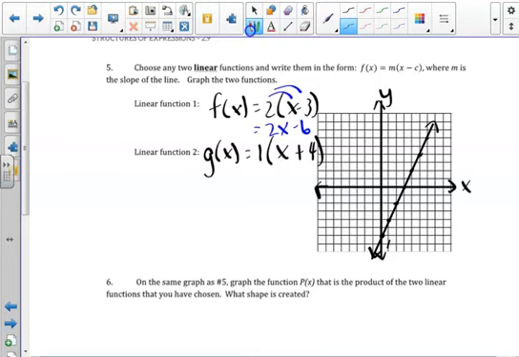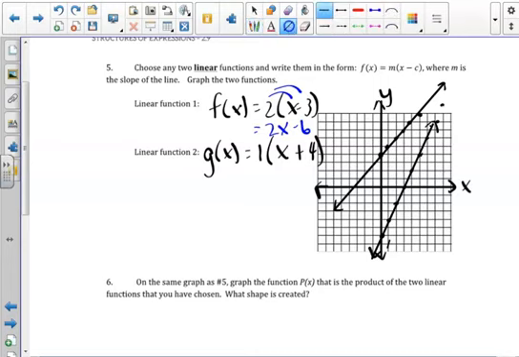And the second line is just the line x plus 4. So the y-intercept is 4. And I go up 1 over 1, up 1 over 1, up 1 over 1, and I keep doing that. I'm also going to extend that first one just a little bit, and that one was up 2 over 1, up 2 over 1.